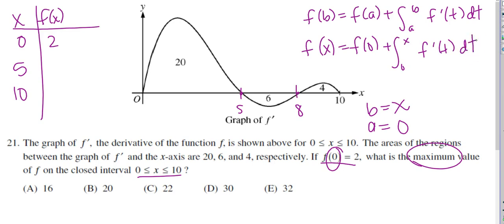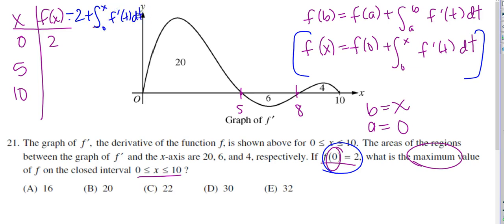Okay? Now f of 0 is 2, remember that. So I'm filling this in now over here on my table. Okay? So f of x is equal to f of 0, which is 2, plus the integral from, look at that, 0 to x of f prime.